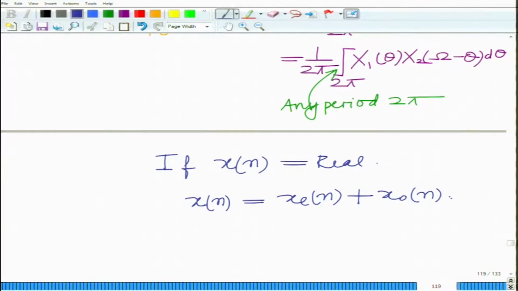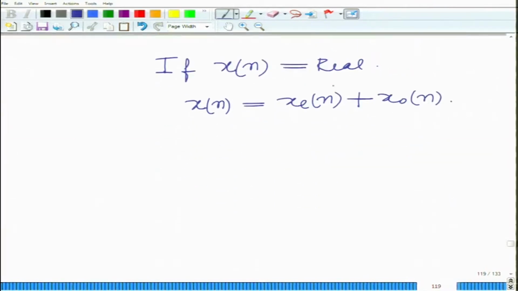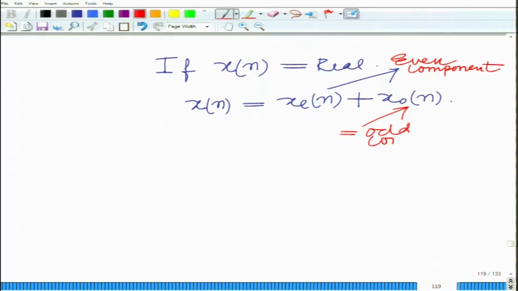So this is the even component xe[n], and xo[n] is the odd component. We have seen that you can always do this: the even component of a signal is (x[n] plus x[minus n]) by 2, the odd component is (x[n] minus x[minus n]) by 2. We can always do this for any real signal.